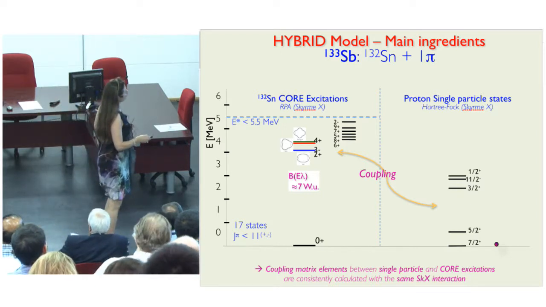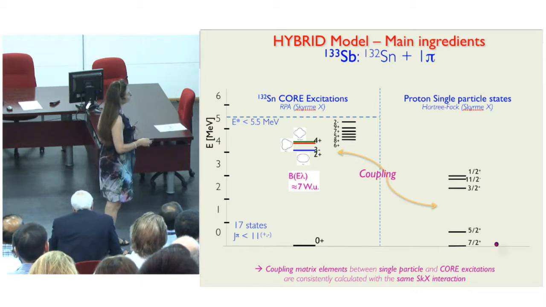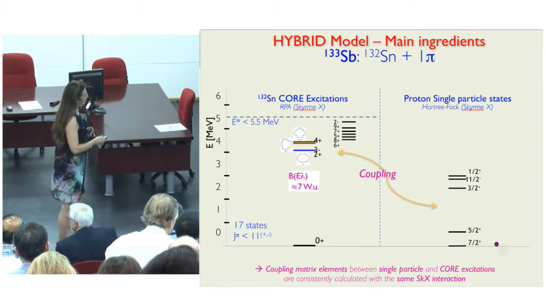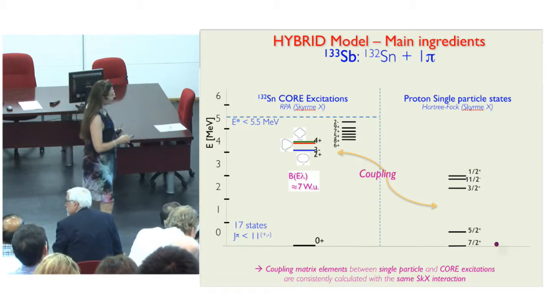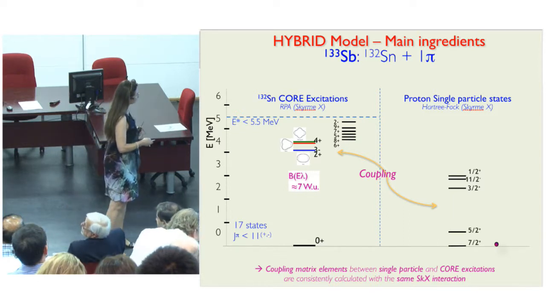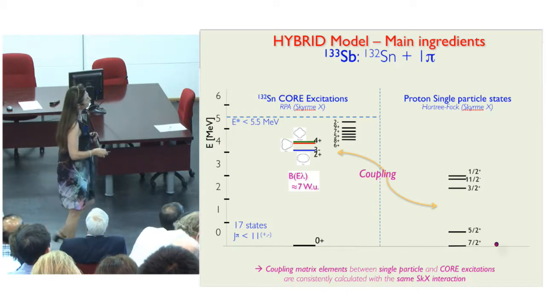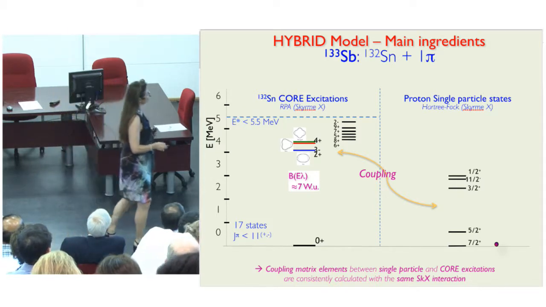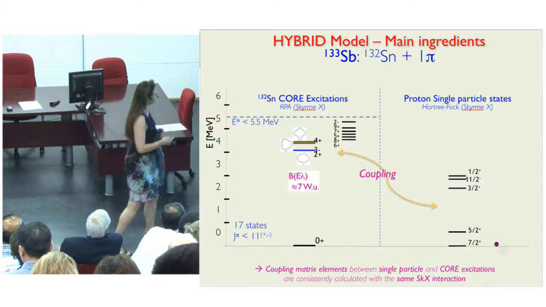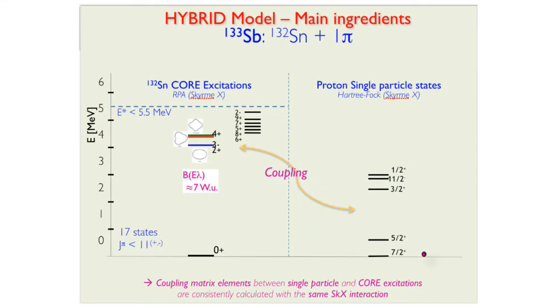I'm just showing here the phonon excitations. They come up nicely. And then you have some additional states with much lower collectivity. Then you have to couple this core excitation to single-particle proton states, also calculated by Hartree-Fock with the same Skyrme interaction. And this coupling is done in a consistent way, because the coupling matrix elements are calculated consistently within the same scheme. So in a way, this model is a free-parameter model.